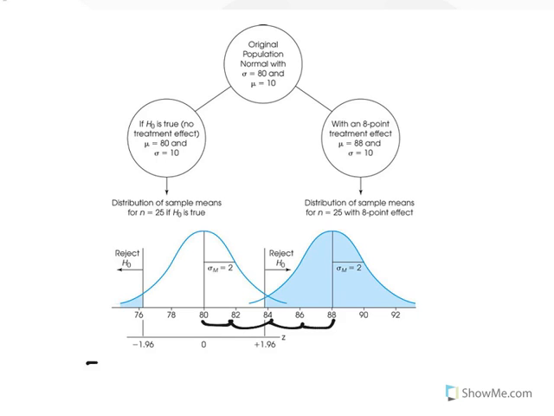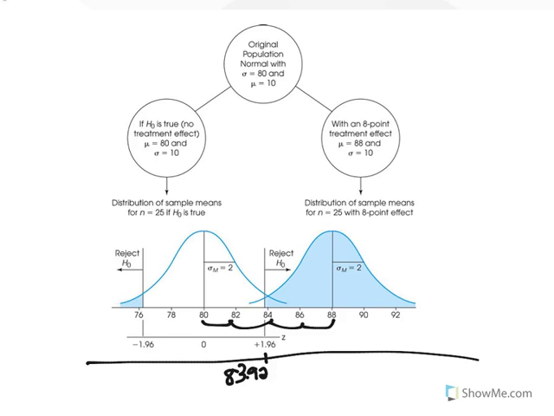And we did calculate the sample mean in the original distribution. The sample mean that's equivalent to a z-score of 1.96 was 83.92. So notice its relation to that value of 84. It's slightly to the left, which would make sense.